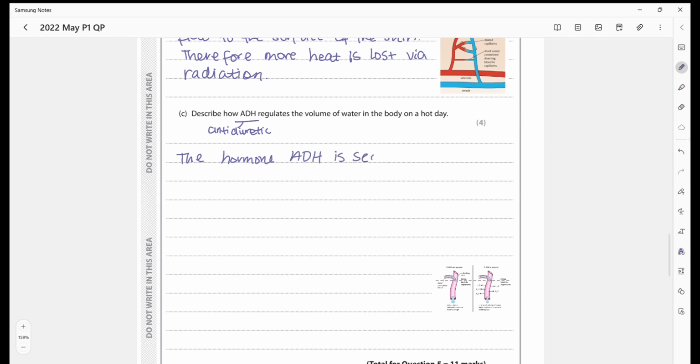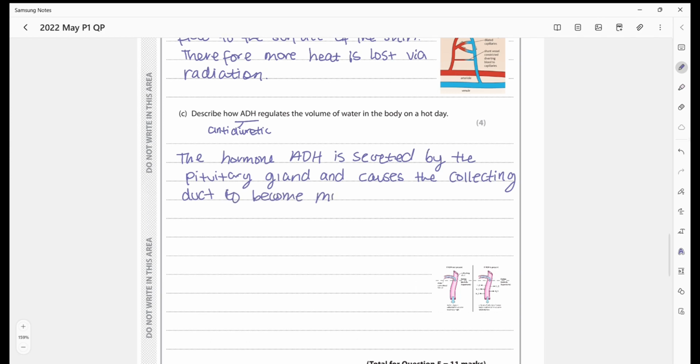ADH is secreted by the pituitary gland, and causes, I should say, causes the collecting duct to become more permeable to water.